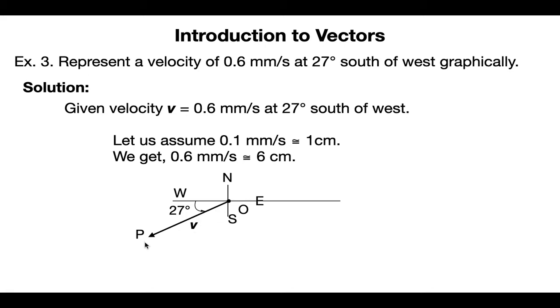The length of segment OP should be 6 centimeters to represent the given velocity of 0.6 millimeter per second in the direction mentioned. OP represents V.